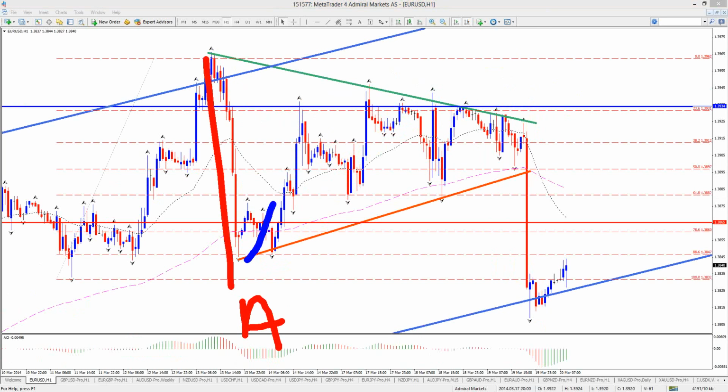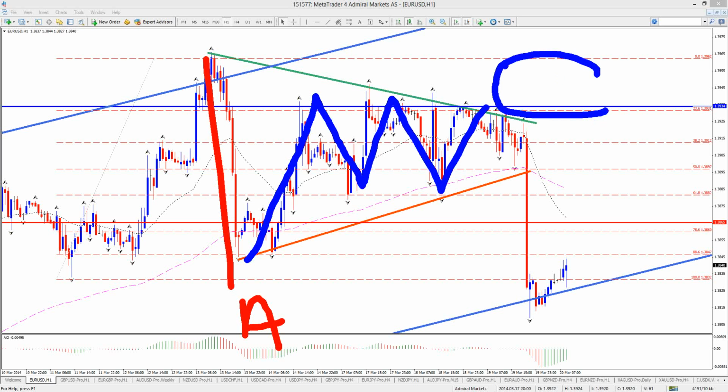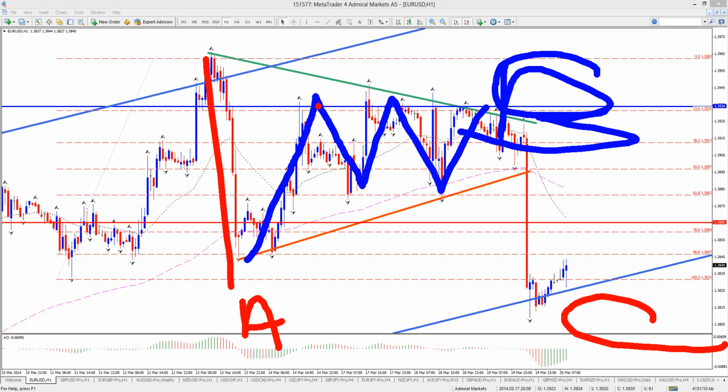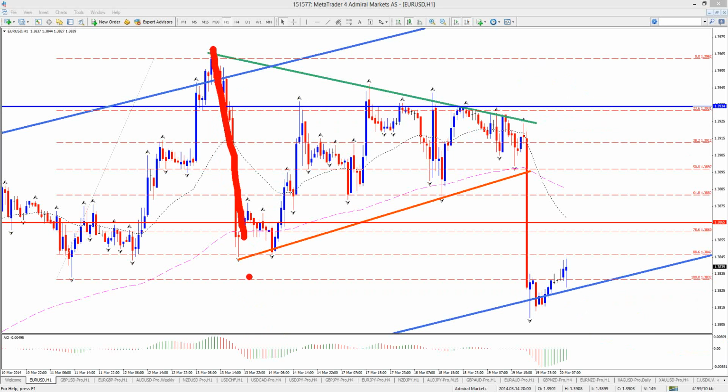This was, I'm not sure, maybe some triangle formation for a B, and we're probably in a wave C. In a rare event, this could be a wave 1, 2, and 3, but normally wave 2s are not triangles. Most of the time they're wave 4s. So there's a higher chance that this is a correction for more upside still, unless this is a zigzag in some way, I don't know how though.